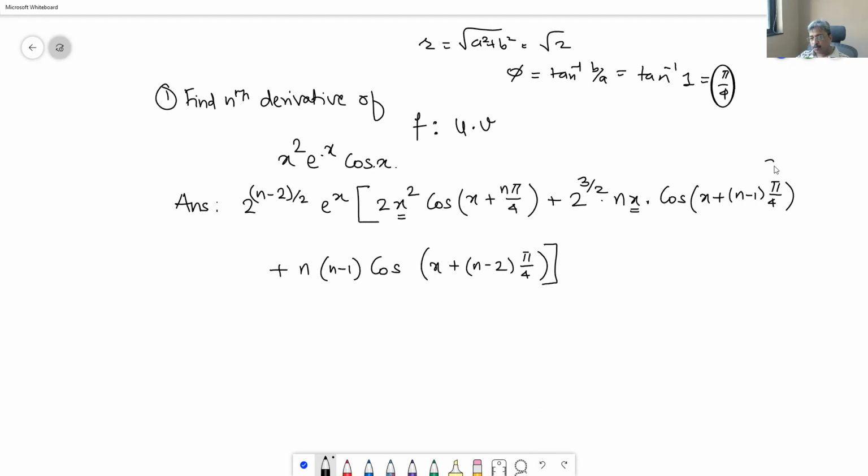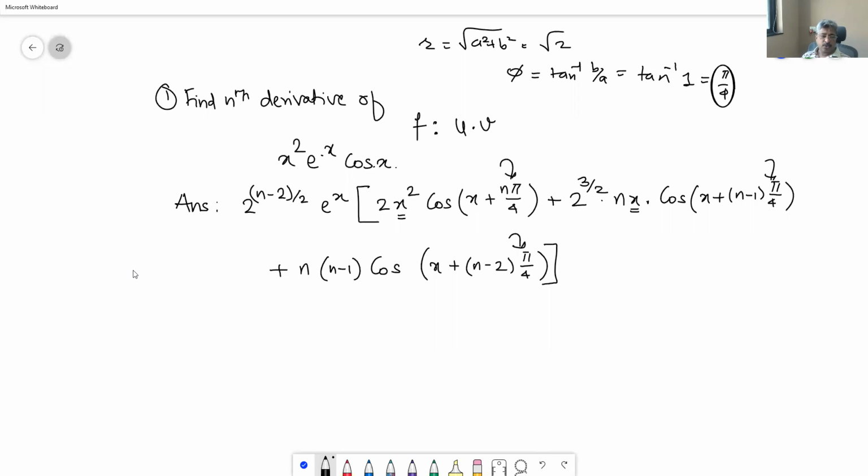Okay, therefore this pi by 4 business is appearing everywhere, because that phi angle is pi by 4. So when you take the n minus second derivative of the second function, this is n minus 2 times pi by 4. When you take the n minus 1th derivative, it is n minus 1 times pi by 4. When you take the nth derivative, this.